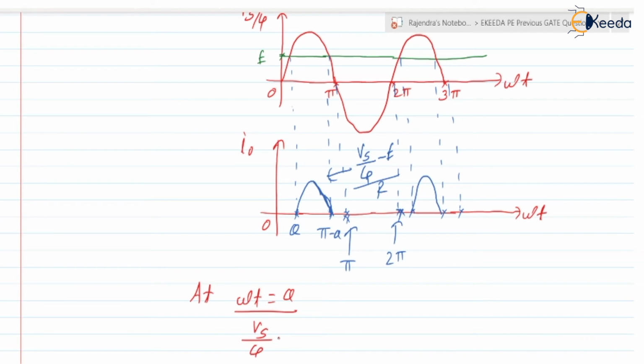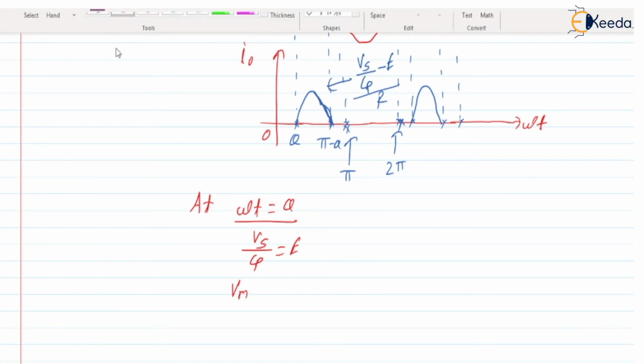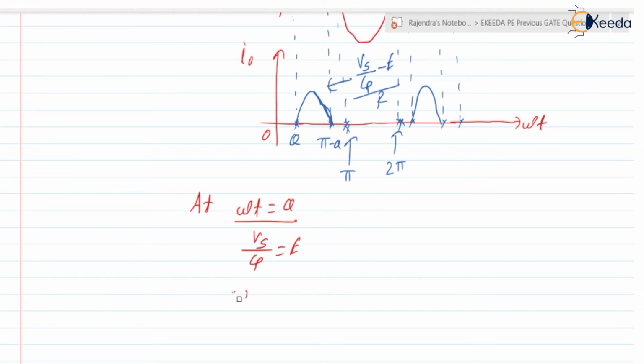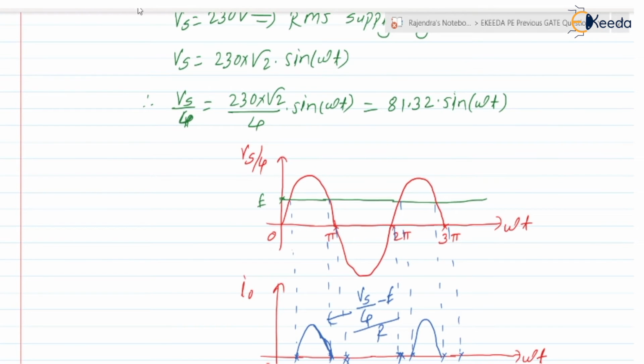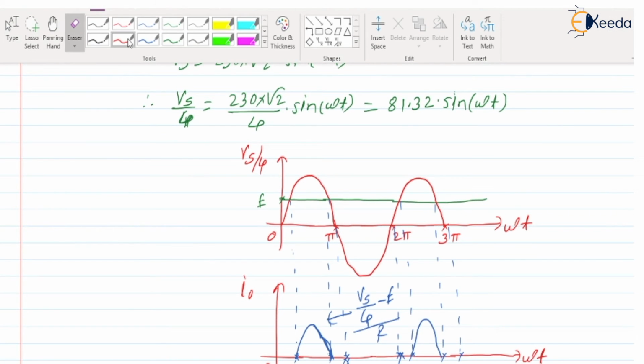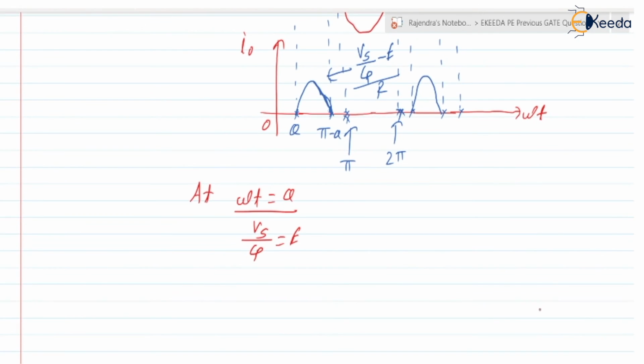Vs by 4, okay, what is Vs by 4? We know it is Vs by 4, and just now we have written Vs by 4 is 81.32 into sine of omega t. So we can write 81.32 into sine of omega t is equal to what?